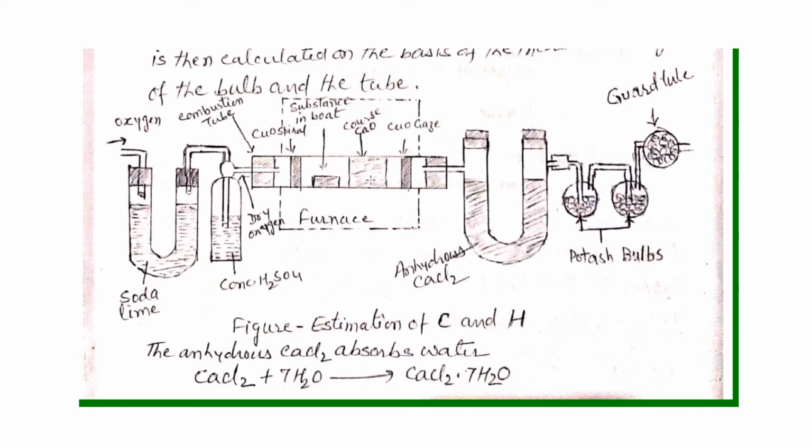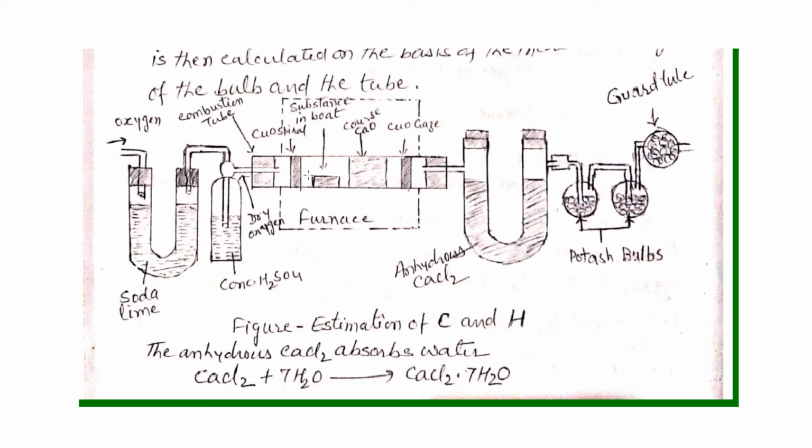So this is a CuO spiral screen. This is also CuO gauze, and here we are keeping a CuO chromium block, and the coal we are taking in this boat type crucible.